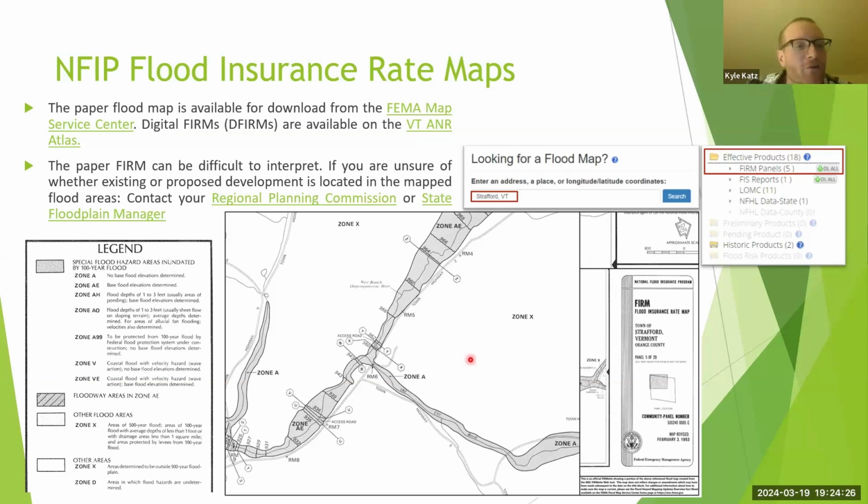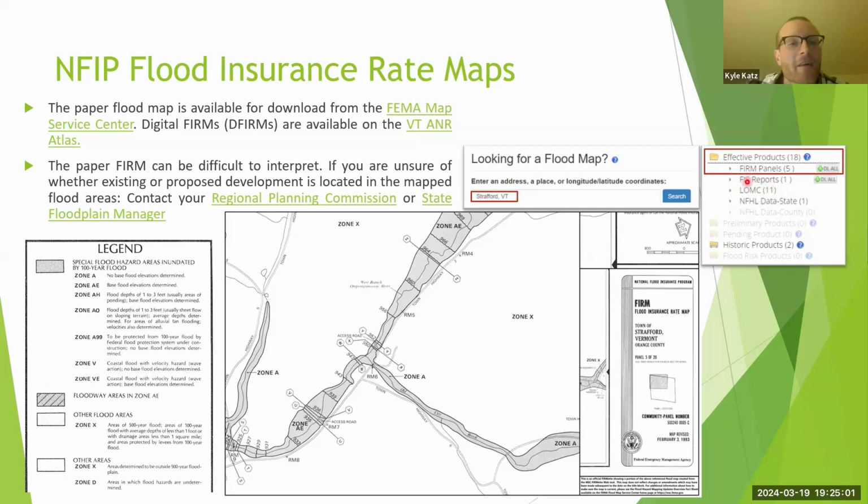So if you're unsure of whether existing or proposed development is located in the mapped flood areas, you can contact the Regional Planning Commission, us, or the state floodplain manager. And just as a helpful note, when you're getting the paper FIRM from the FEMA Map Service Center, you go to that link, type in your town name, put in VT, and search, and often there will be multiple panels.